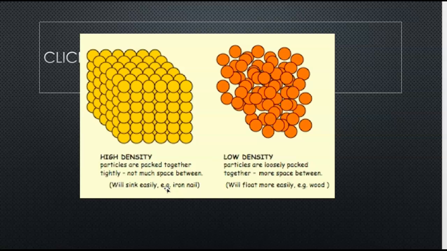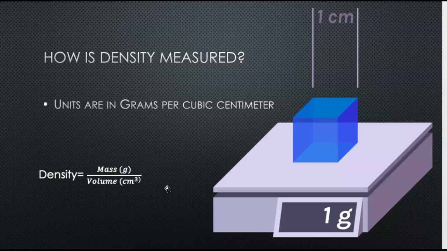The way we calculate density is we find the mass of the object. So remember, the mass has to do with how many atoms are in something. And then we divide that by the amount of space that mass takes up.